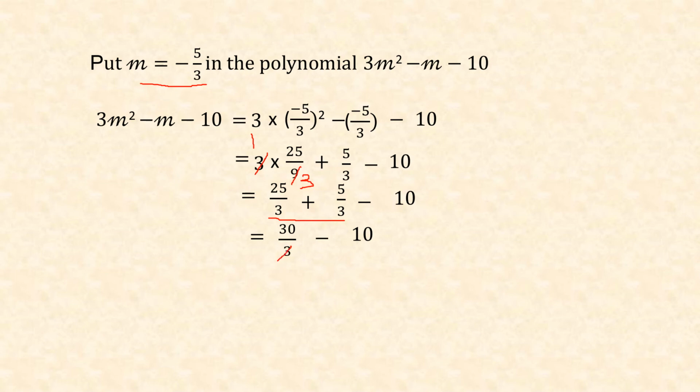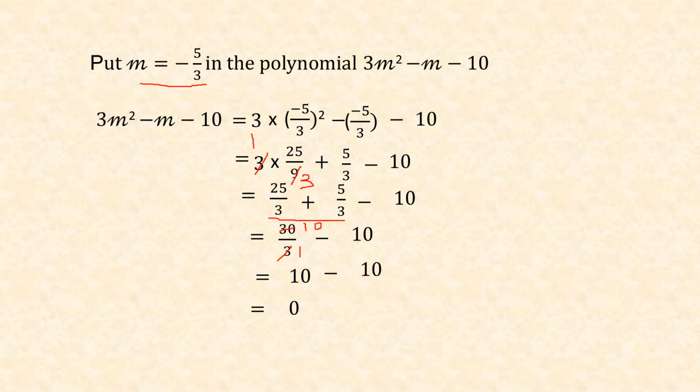3 ones are 3, 3 tens are 30, equal to 10 minus 10 is equal to 0. Here left hand side and right hand side of the equation is 0.